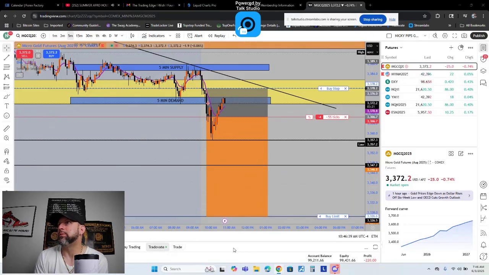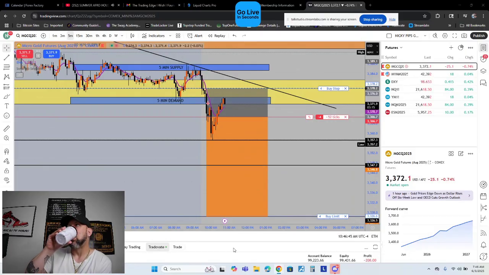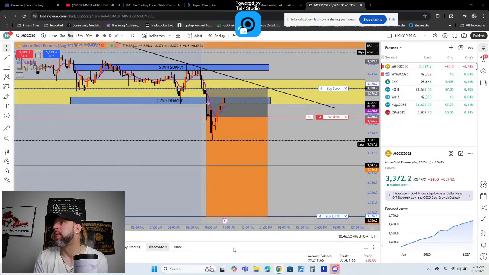If it does continue down, then I have a good feeling we will break that support. To see this right here is where most beginner traders would literally get out because they would be in drawdown and they wouldn't want to lose any more capital.